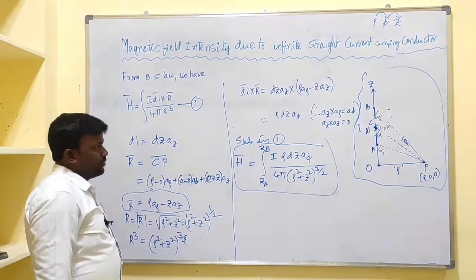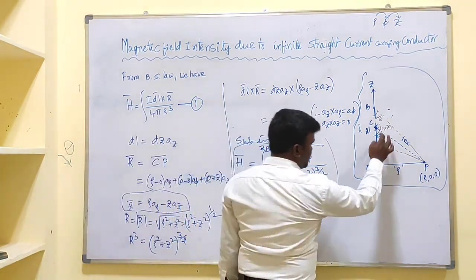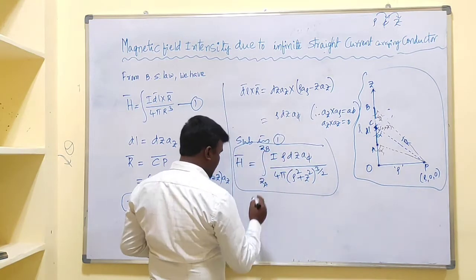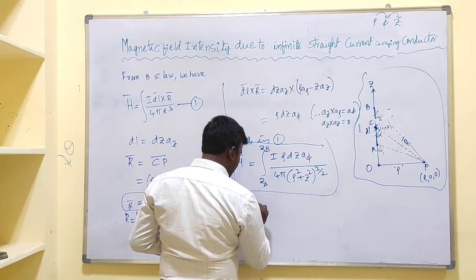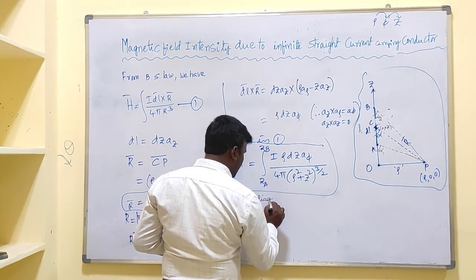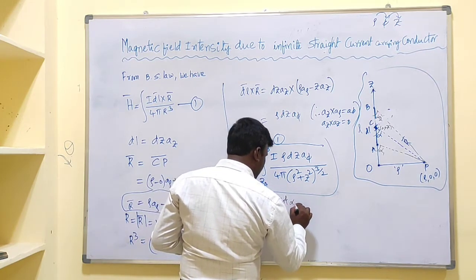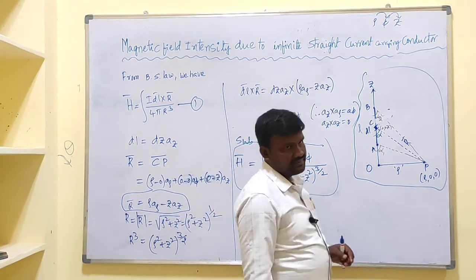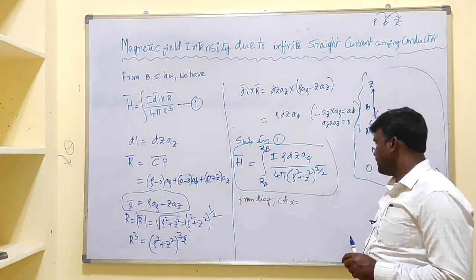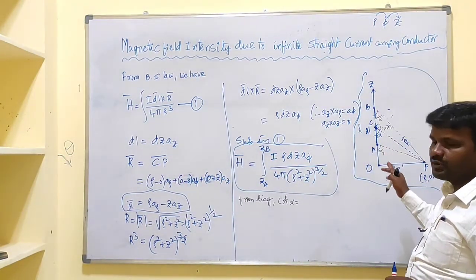Let us write this expression from the diagram. Tan alpha means opposite by adjacent.